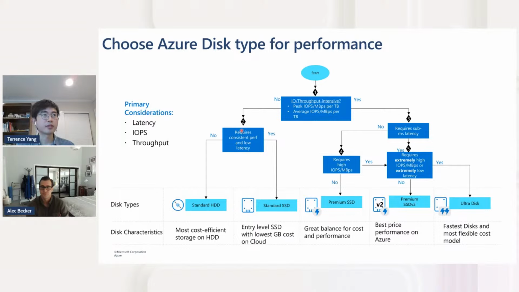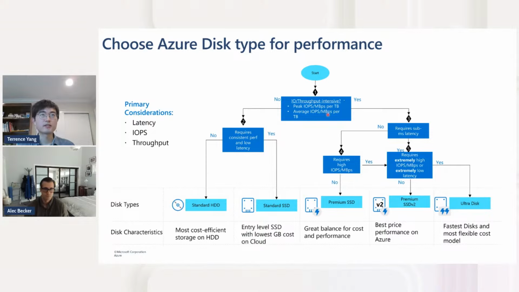At this point, you have to check if you require consistent performance. Standard SSD offers more consistent performance and better latency. So if you need relatively better latency performance, you go with the standard SSD. And for the most cost efficient solution, you go with standard HDD.